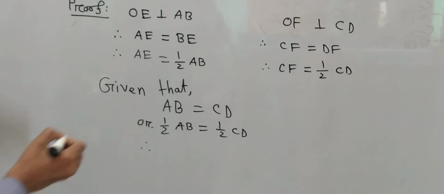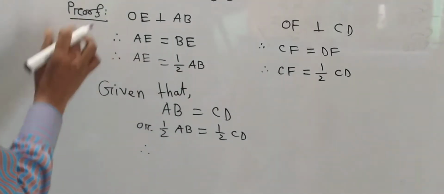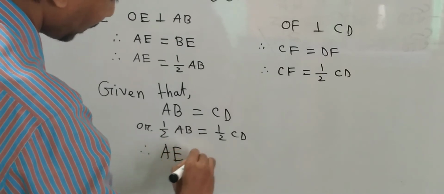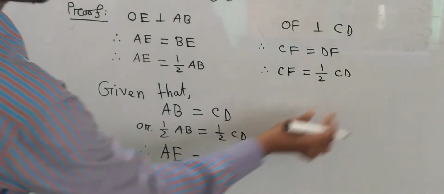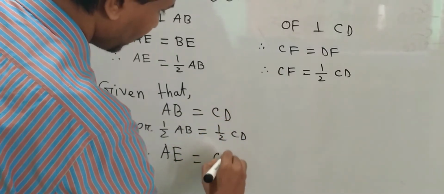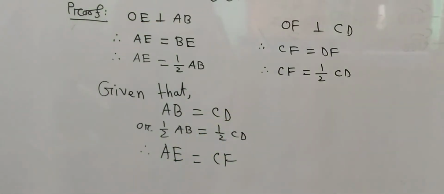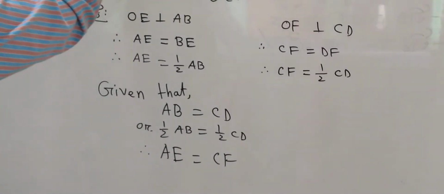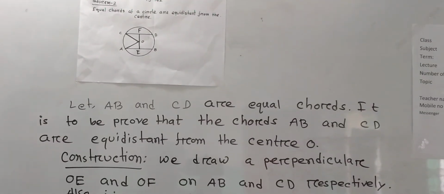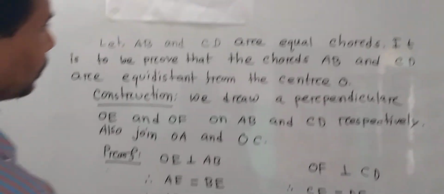Therefore you see half AB, that means what? AE, right? AE equal to half CD means what? Half CD means CF. I hope you understood. That means we proved already that AE equal to CF. Okay, dear student, hope you understood.